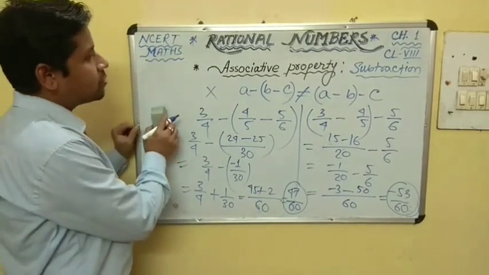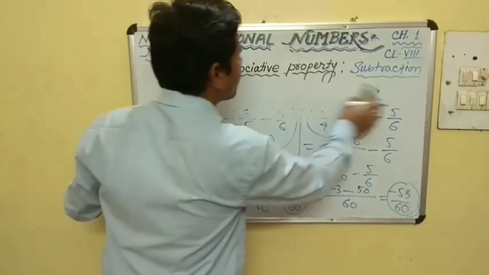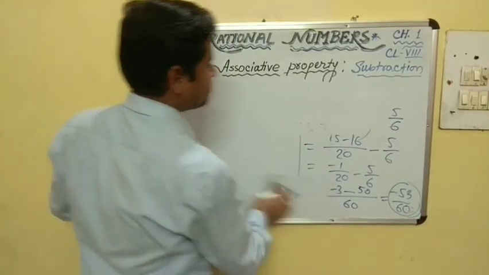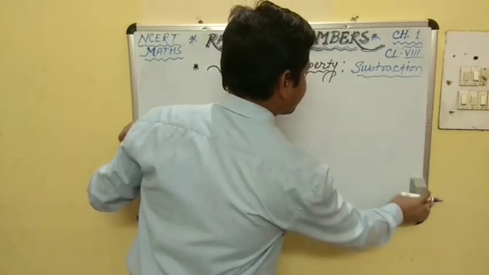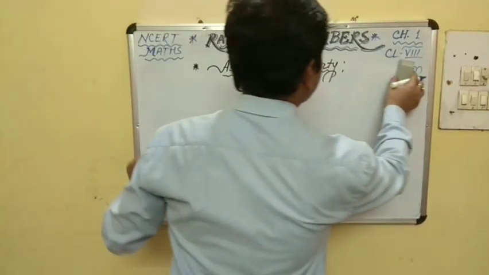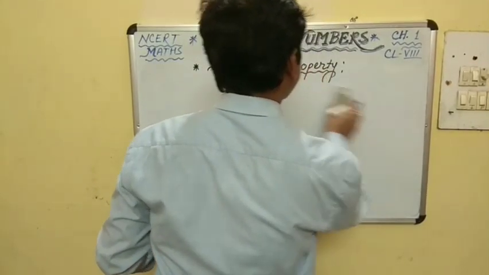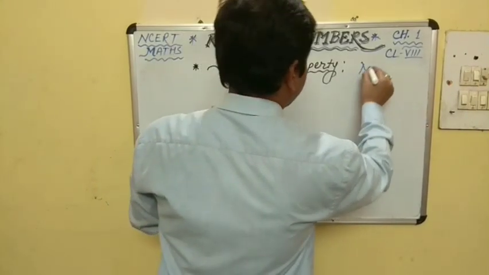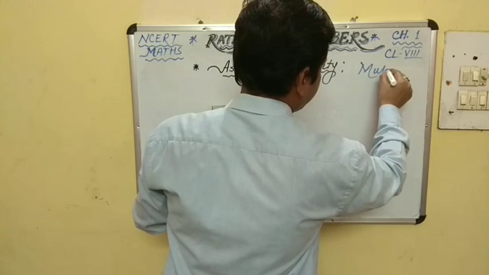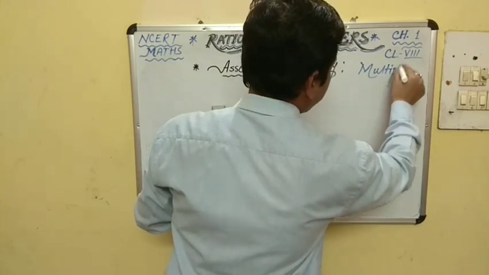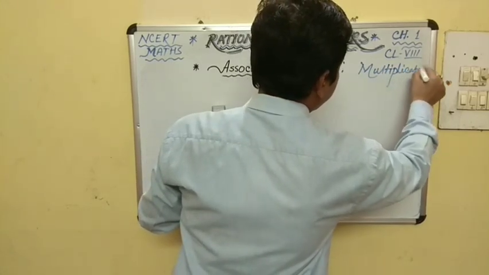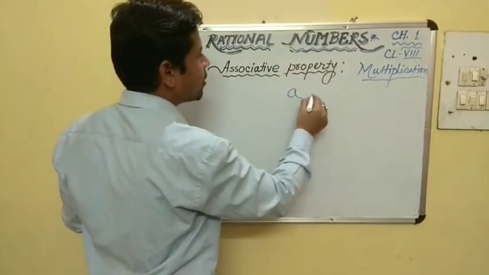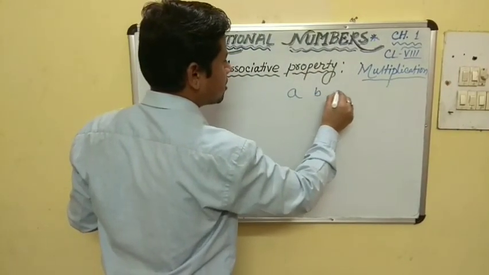So now we are going to check another operation, that is multiplication. Here also we will take any three rational numbers a, b, c.